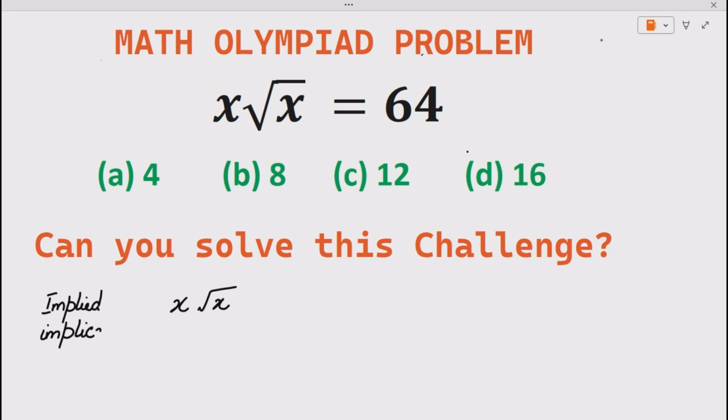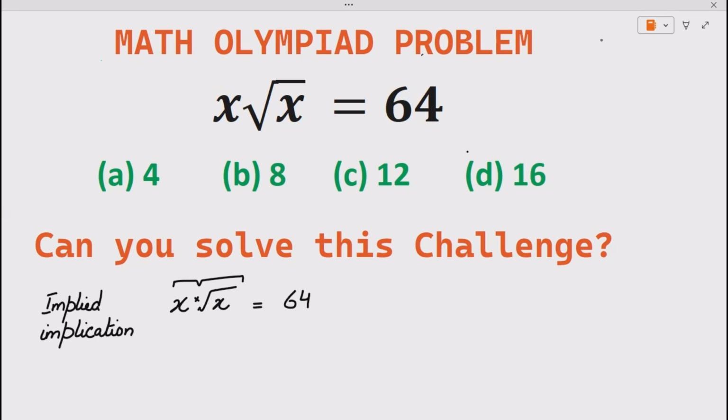So both x and under root x are multiplying with each other. This thing is equal to 64, and we have to find the value of x.